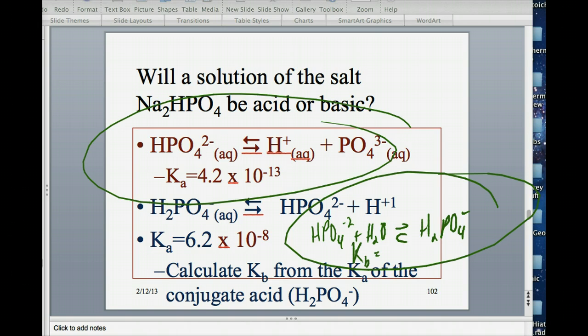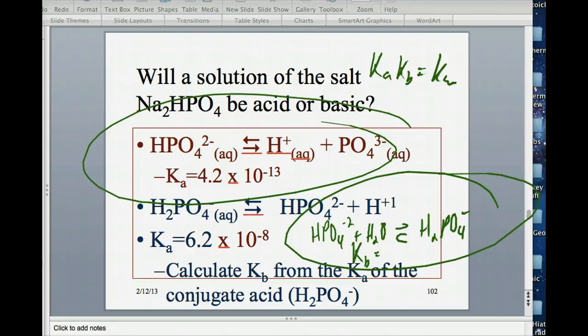They didn't give us any problems to actually do the changeover from Ka to Kb, but now we actually have one. In order to find out the Kb, I'm going to use this property. Remember this one, Ka times Kb equals Kw. I believe that's on our equation sheet. Kw we know is 1e negative 14.